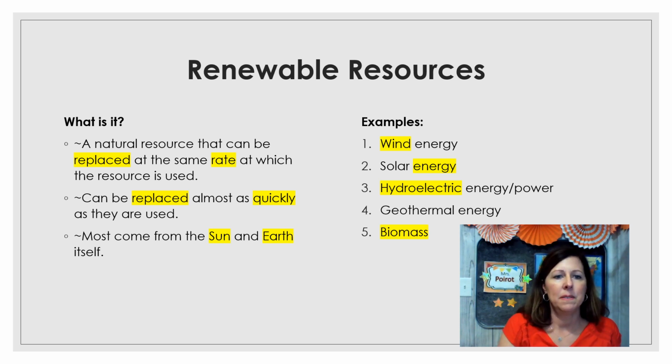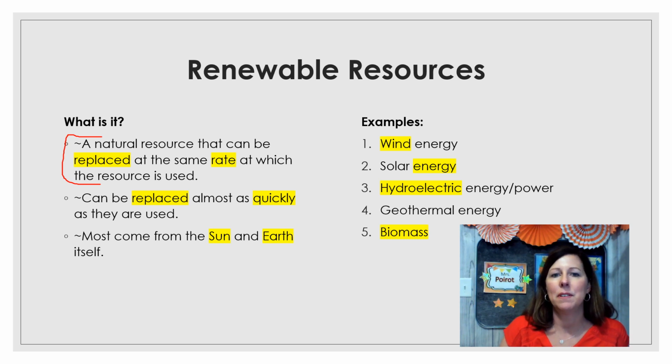So what are those? Those are natural resources that can be replaced at the same rate at which the resource is used. So it can be replaced almost as quickly as they are used. And most of those come from the sun and from Earth itself.